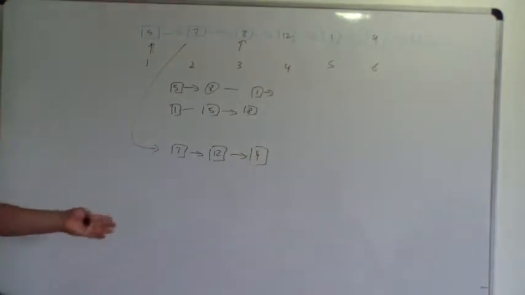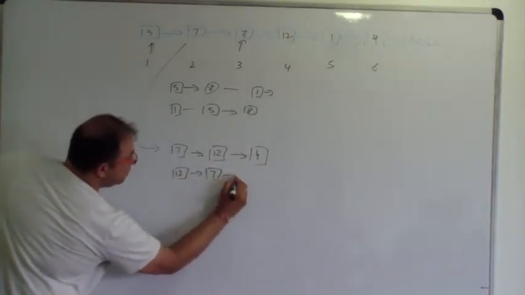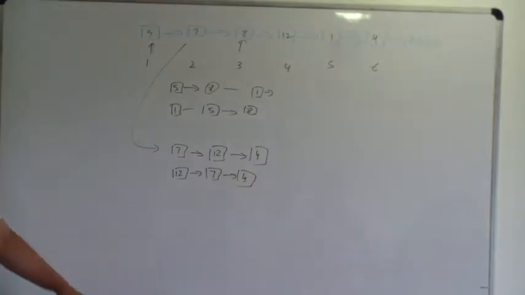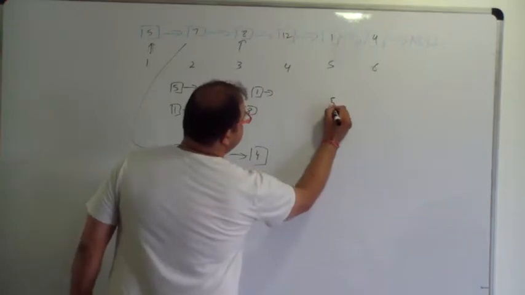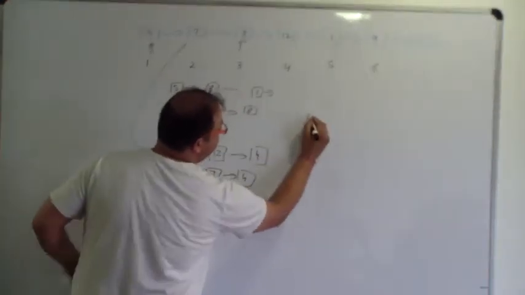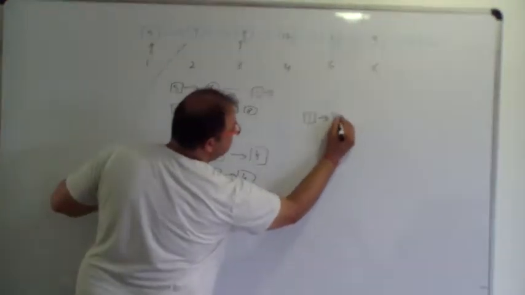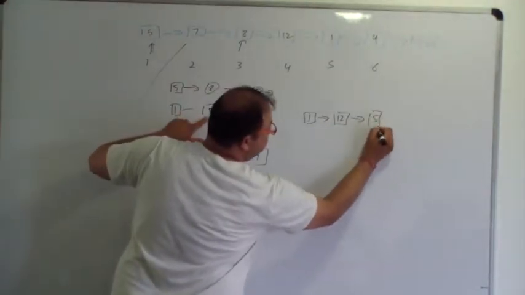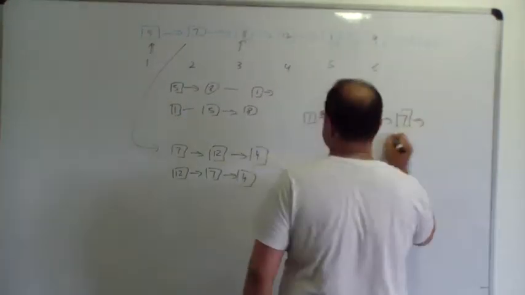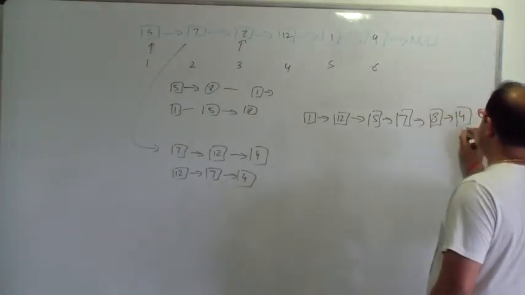This you have to do in a descending manner, so it will be 12, 7 and 4. Then you arrange them so that it becomes 1, 12, then 5, 7, 8, 4.